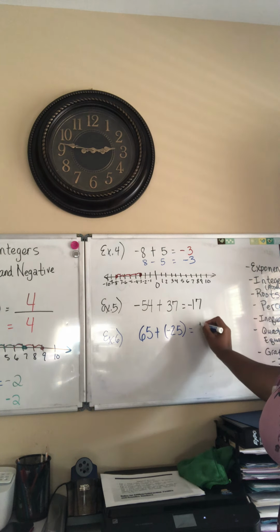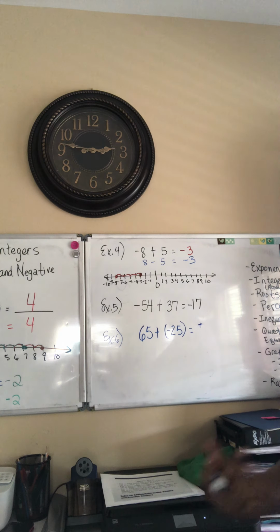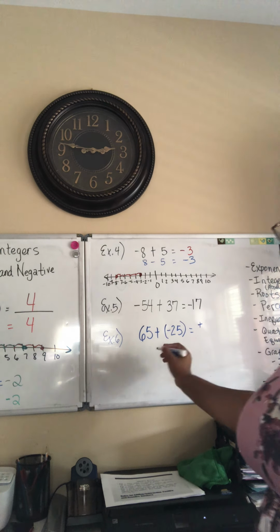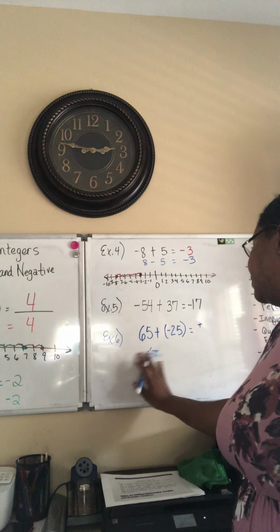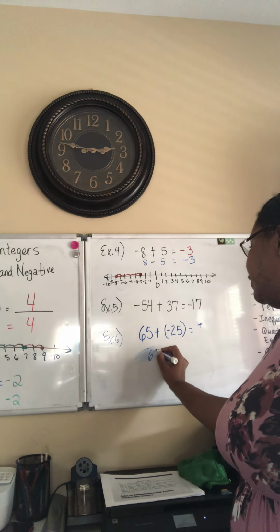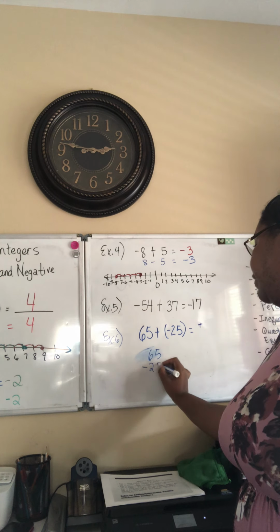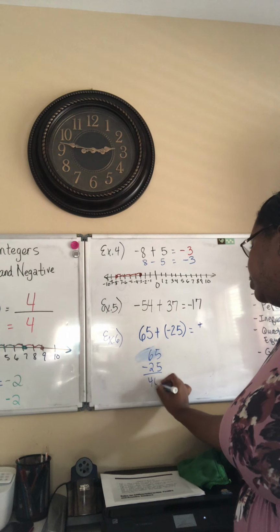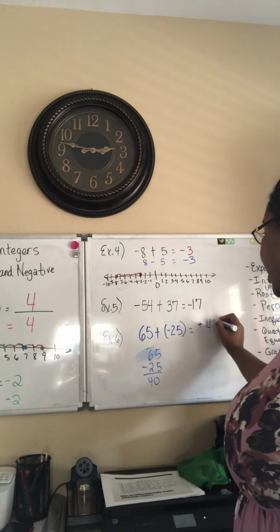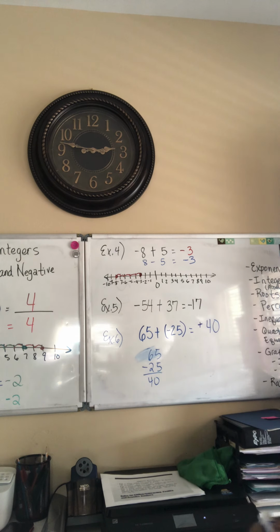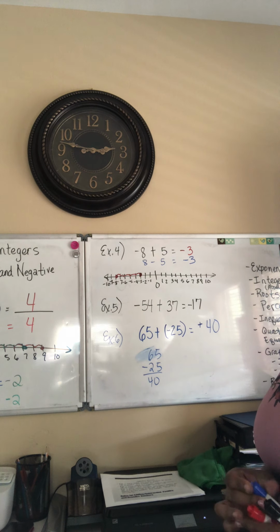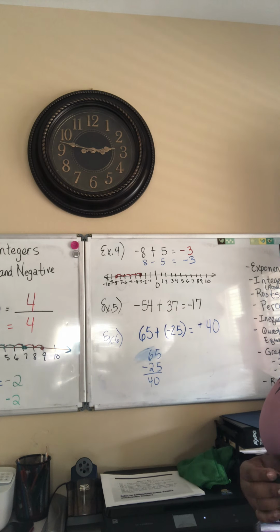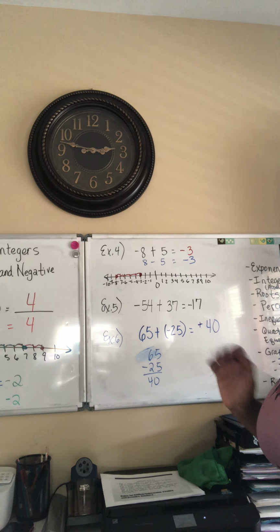So I'm just going to go ahead and put a little plus sign here because I know my answer is going to be positive. So then I do 65 minus 25, and I get 40. So my answer is a positive 40. Okay? So, again, very simple. And this is all we need for adding positive and negative numbers.